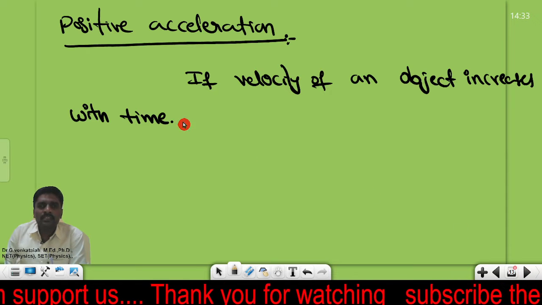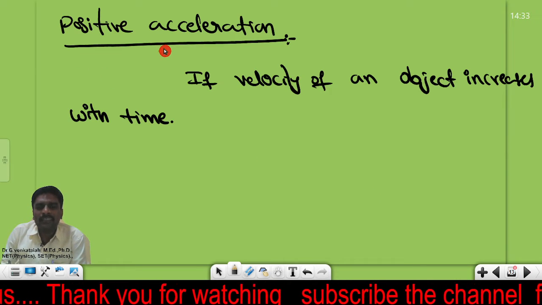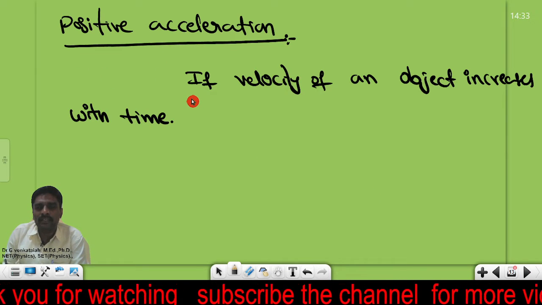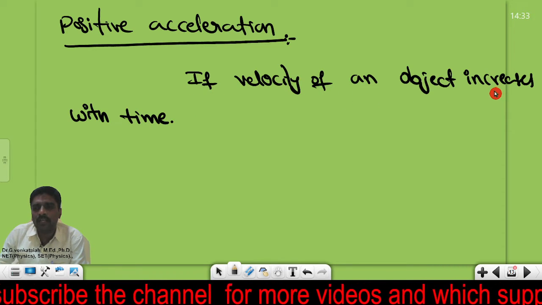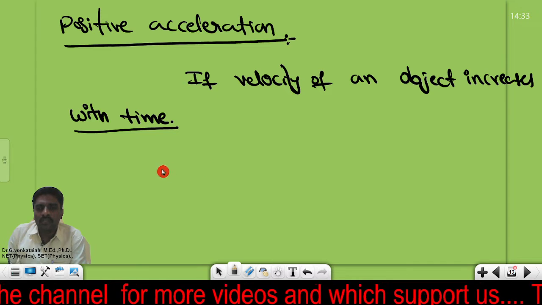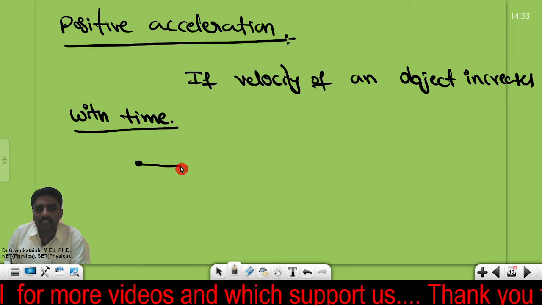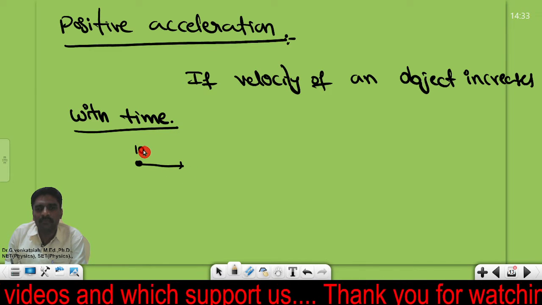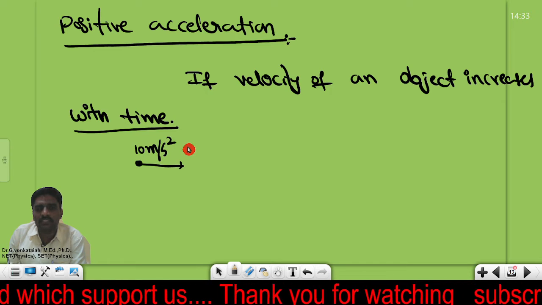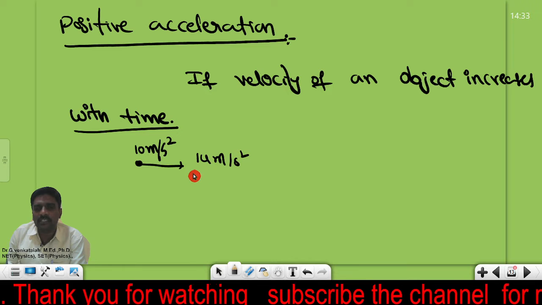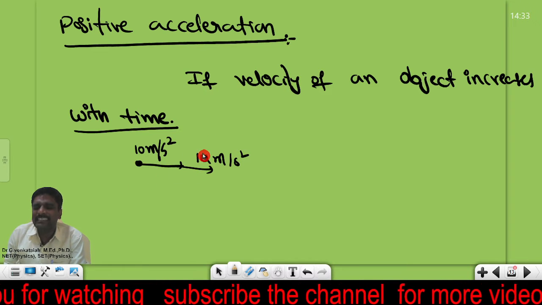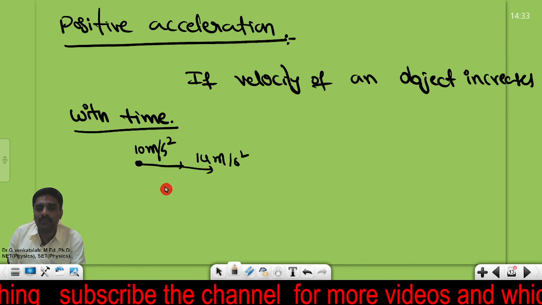Now this is very important, the positive acceleration. What does it mean by a positive acceleration? Positive acceleration is nothing but when the velocity of an object increases with time. So the velocity at the initial stage is 10 meter per second, as we already discussed. In our final state, the velocity is 14 meter per second. That means the velocity is increasing gradually with respect to time.